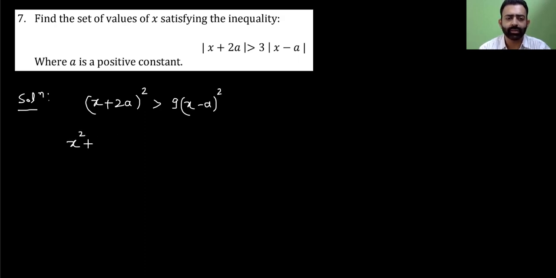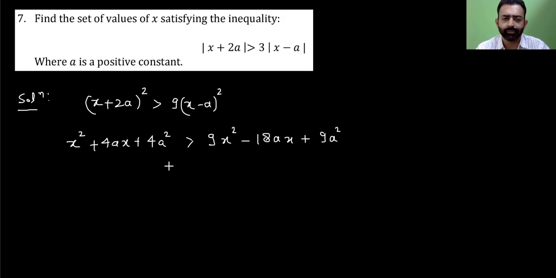Opening the brackets, this is x square plus 4ax plus 4a square is greater than 9x square minus 18ax plus 9a square. Okay, so far so good. Just opening the bracket and applying the formula of (x minus a) whole square.